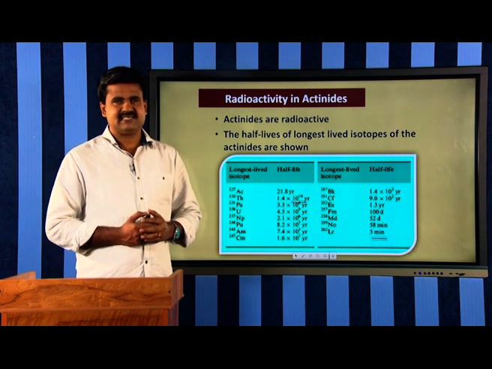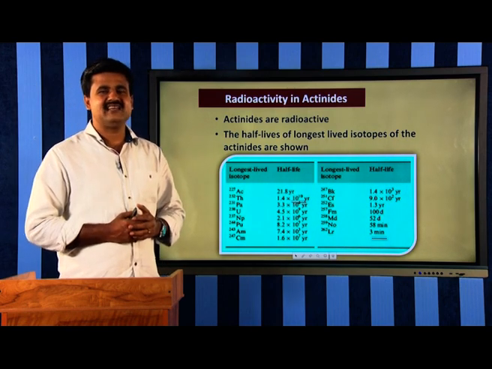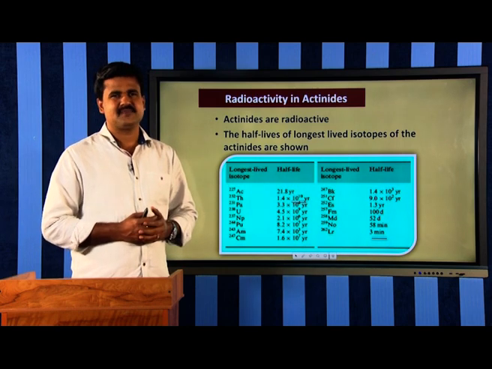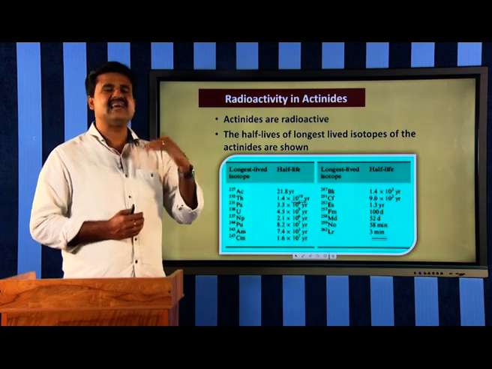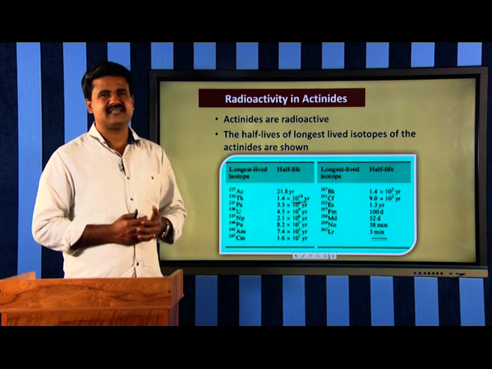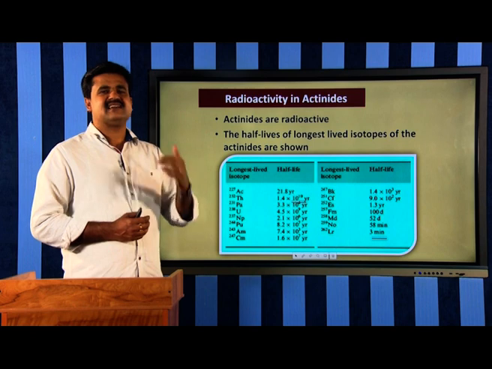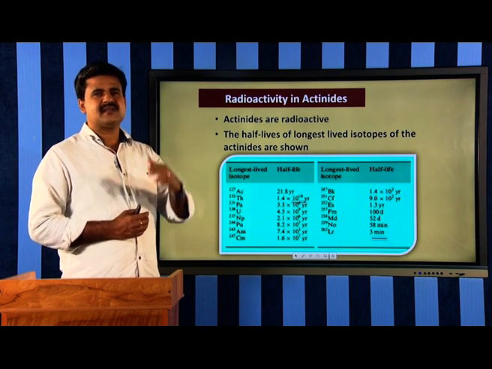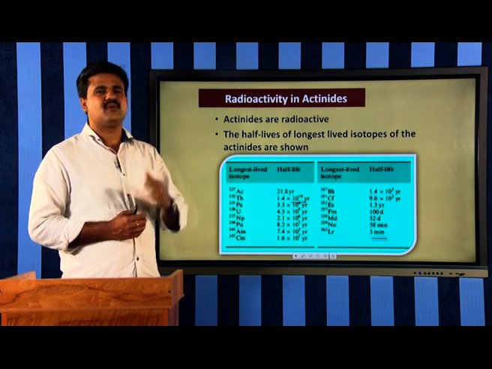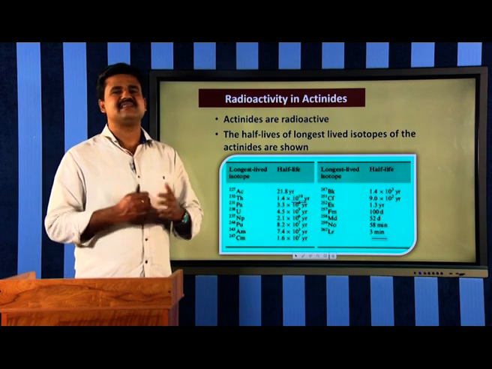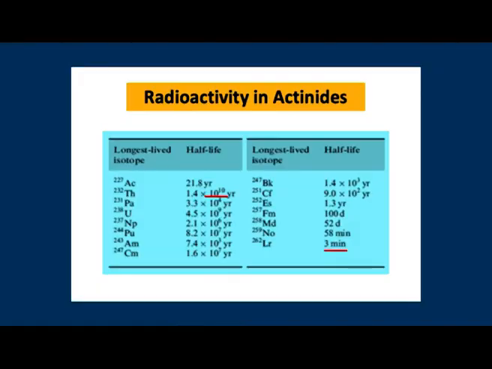Radioactivity in actinides. Most of the actinide elements are man-made or synthetic elements, and as a result, they are associated with the phenomenon of radioactivity. Radiation emanation from atomic nuclei is simply termed radioactivity.